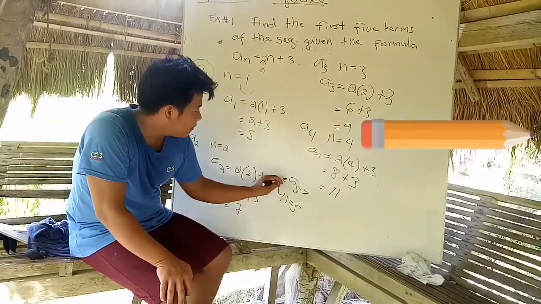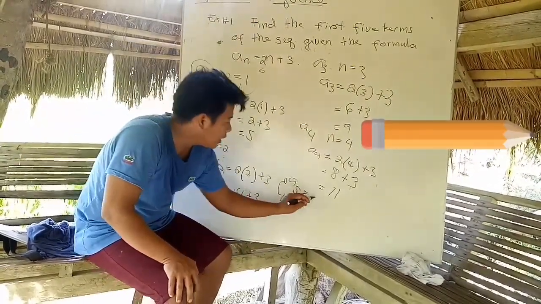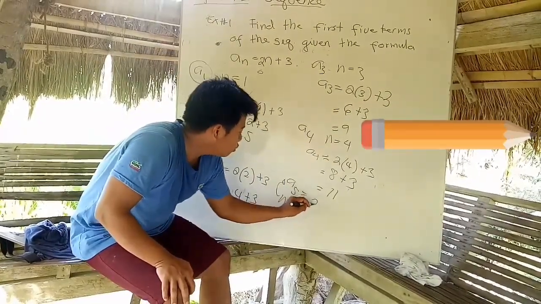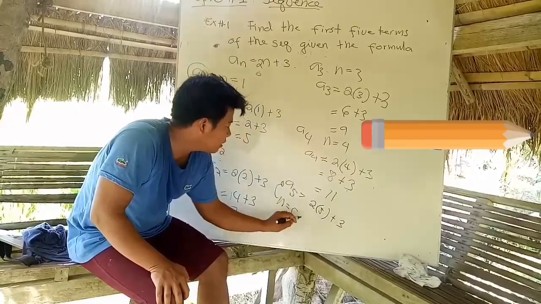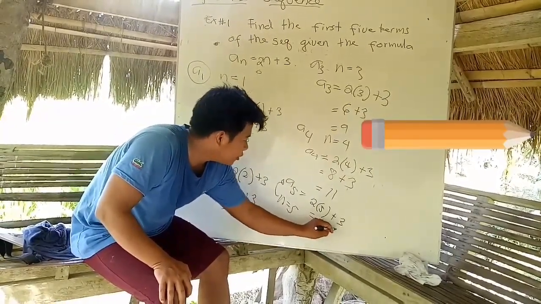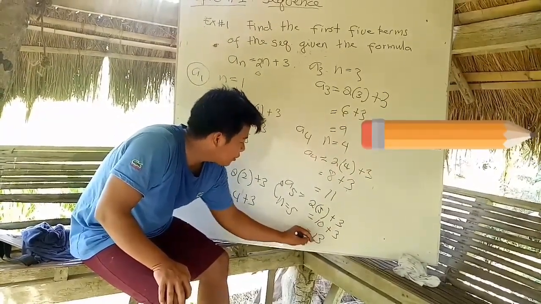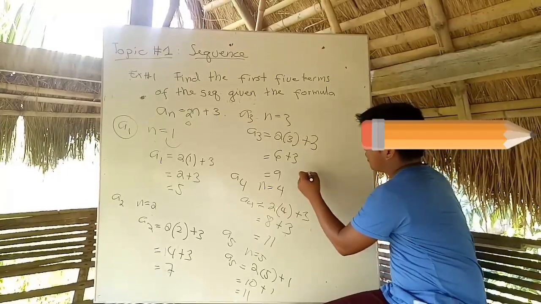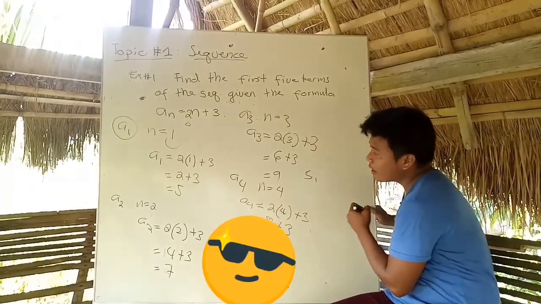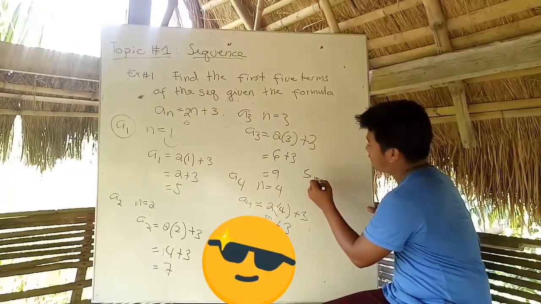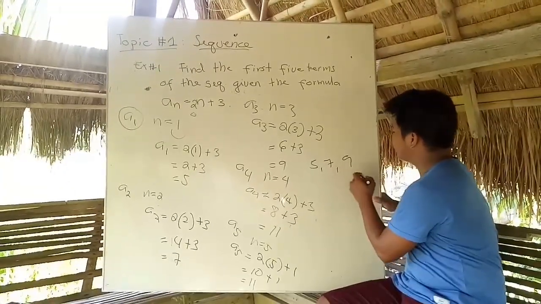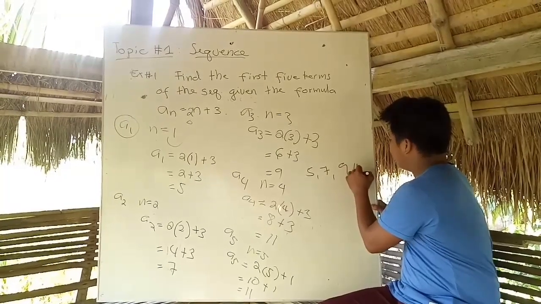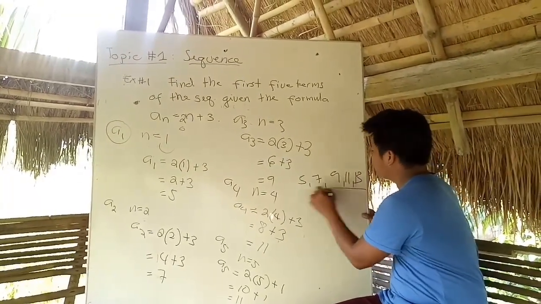So we have a sub 5 equals 2 times 5 plus 3. So we have 10 plus 3 equals 13. For the first term, we have 5. Second term, we have 7. 9 for the third term, 11 and 13.